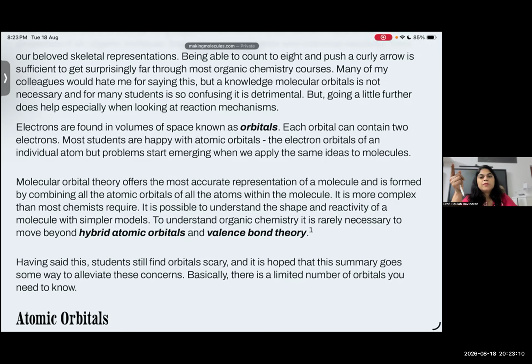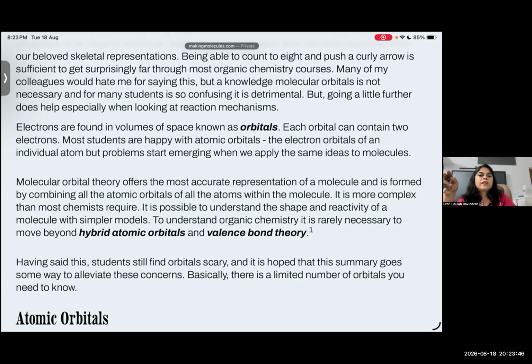Attractive forces arise between the nucleus and the electron of its own atom. Next, between the nucleus of one atom and the electron of the other atom: nucleus of A to electron of B, or nucleus of B to electron of A. There are two options.